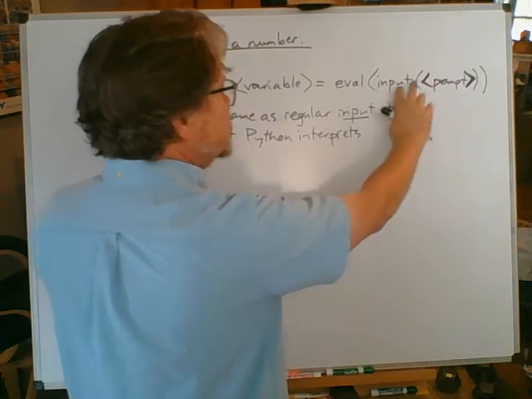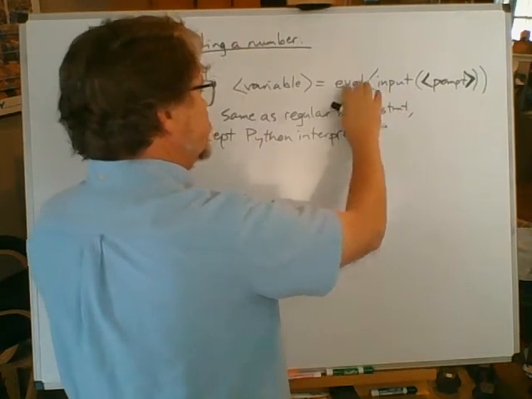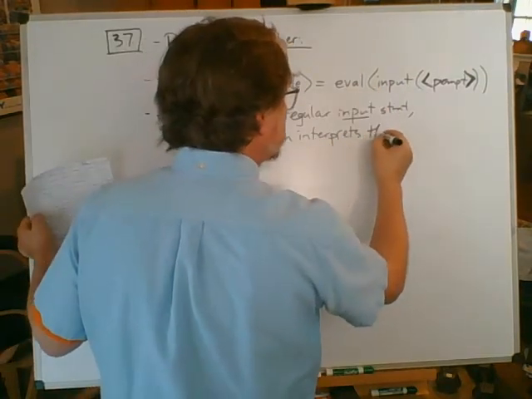Eval changes it from the string that we get from input into a number. It interprets the input string as a number.